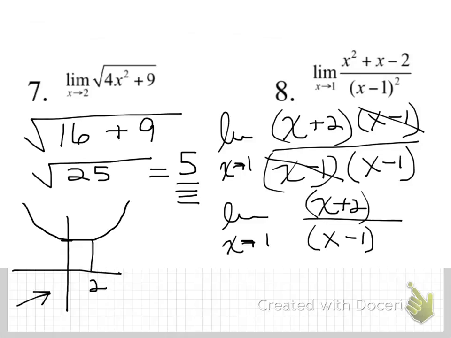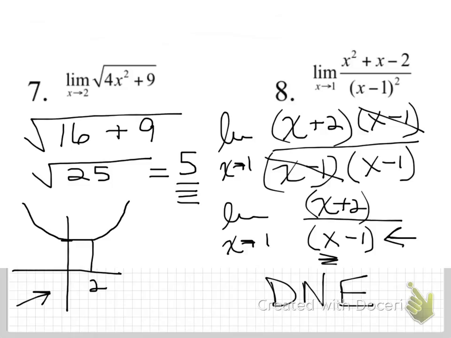Now, when I plug in 1, what's going to happen? Even if I canceled out the hole, I happen to have an asymptote also at x equals 1. So this is a non-removable discontinuity. Therefore the limit as x approaches 1, because it forces me to divide by 0, is undefined. So it does not exist.